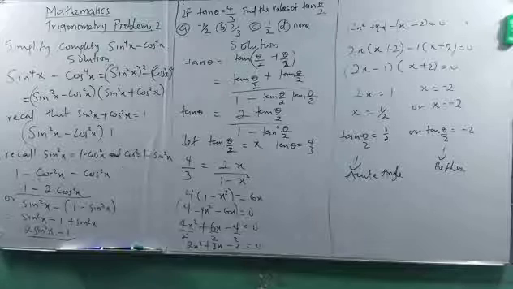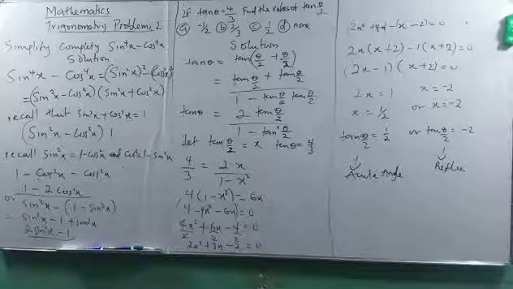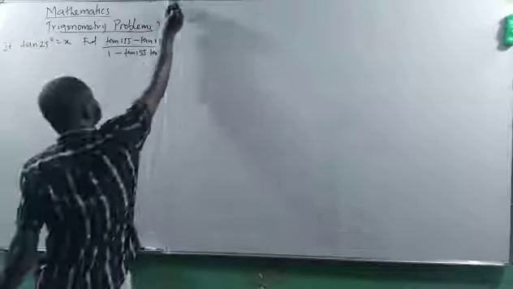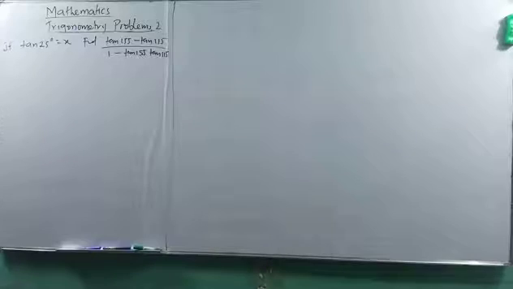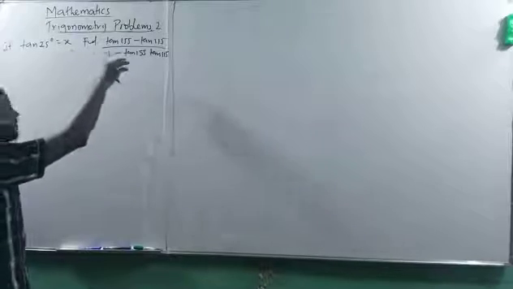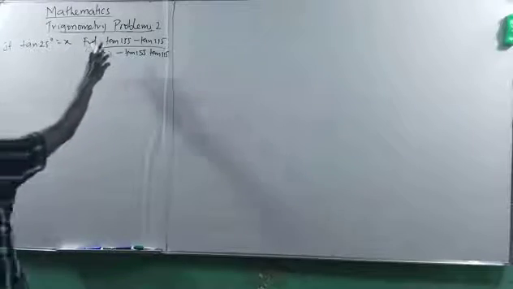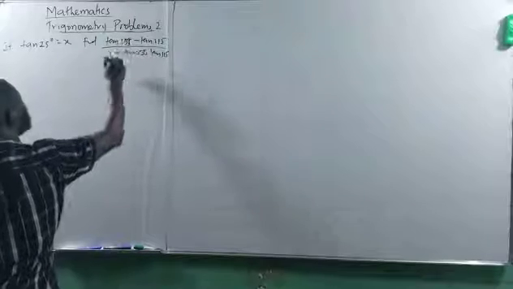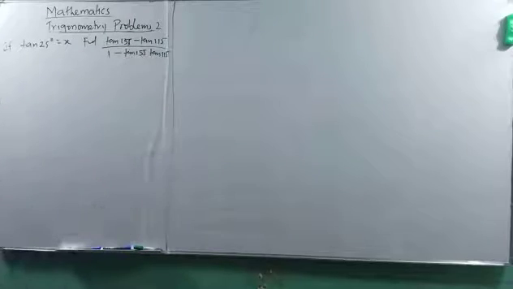Now, permit me to write another set of questions. Okay, let's look at this question. It will take a lot of space, and therefore, let's make it one by one. I was told that if tan 25 degrees equals x, find tan 155 minus tan 115 divided by 1 minus tan 155.